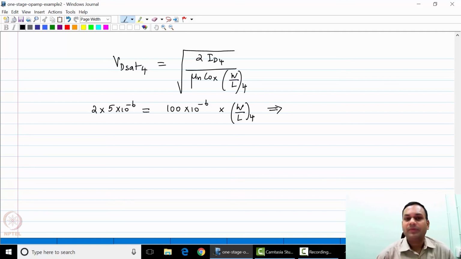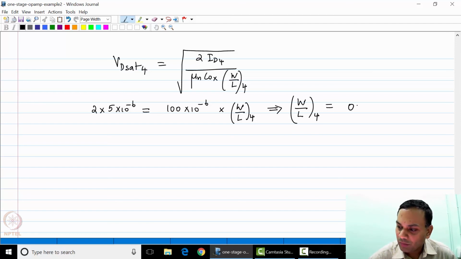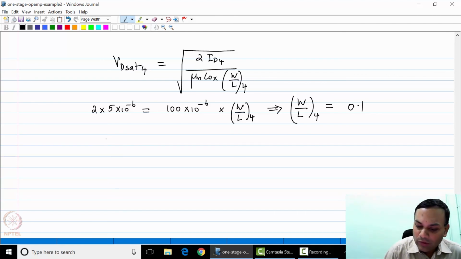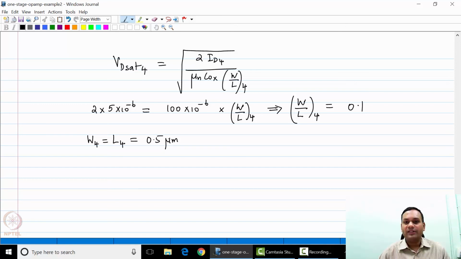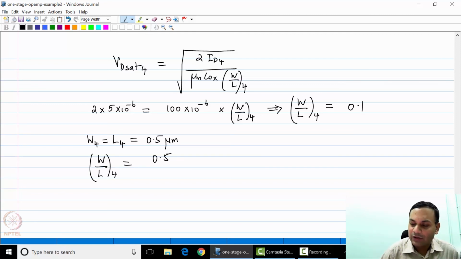Now as you can see, W over L of 4 needs to be 0.1, but clearly a width smaller than the length is normally not possible, and therefore we will say that W4 is equal to L4 is equal to 0.5 micrometers. So we will say that this value is 1, in which case VD sat is even lower than required.